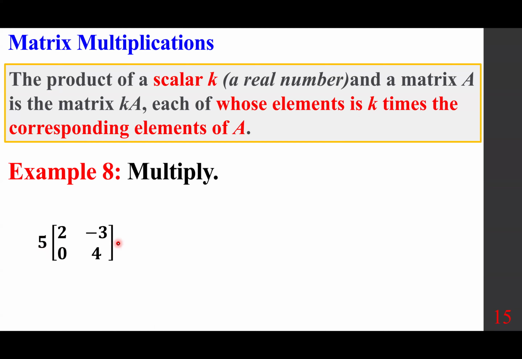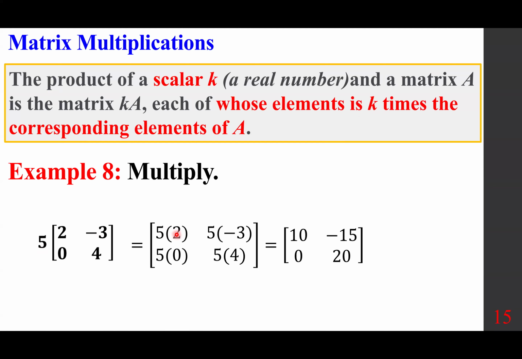It's a product of the number by each element. So 5 times 2 is 10, 5 times -3 is -15, 5 times 0 is 0, 5 times 4 is 20. That's how we write it, and it's pretty straightforward, everybody.